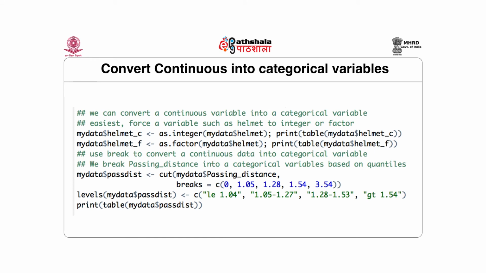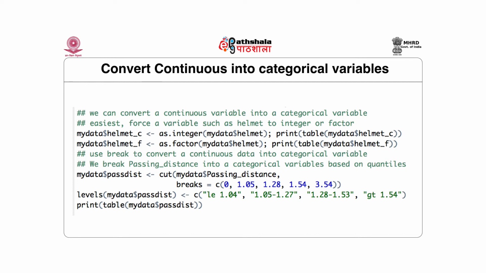So here, what we have done is we have taken a continuous variable, for example, integer. We have treated integer as a continuous variable, and then we have converted that into a categorical variable. We have taken helmet, which is kind of a continuous variable, and we have forced it to become what is known as a factor variable, a factor level variable, with its own levels, and these levels are preserved.